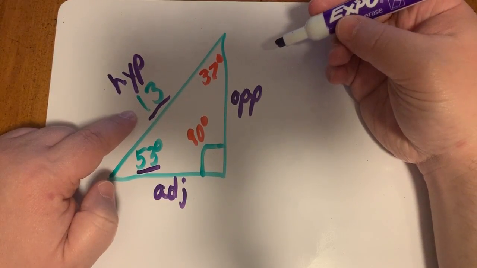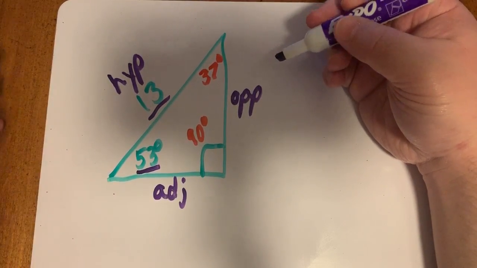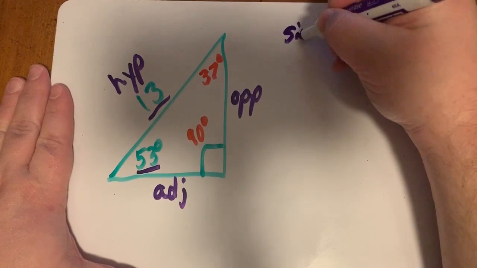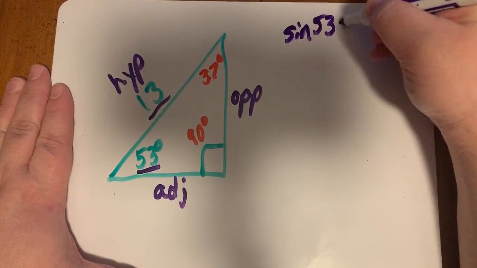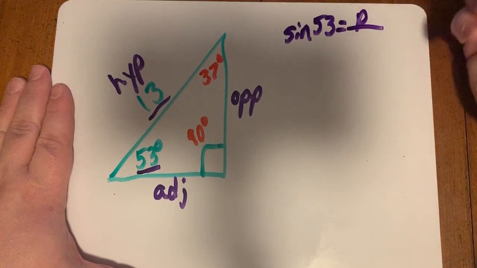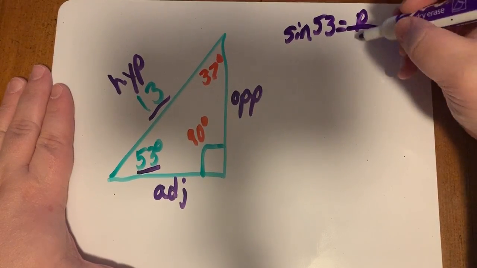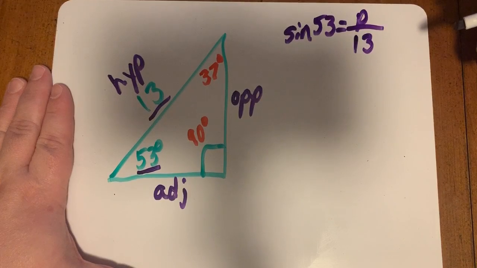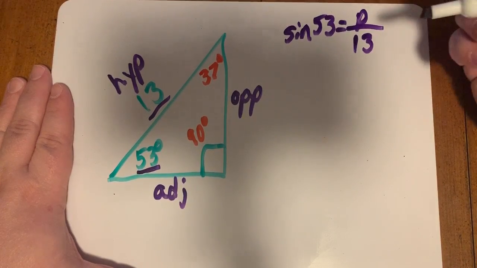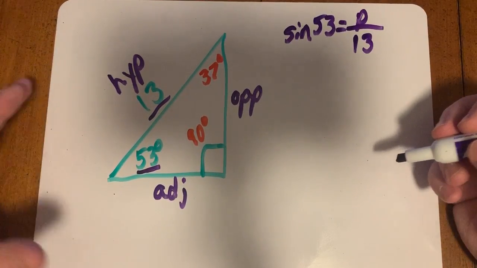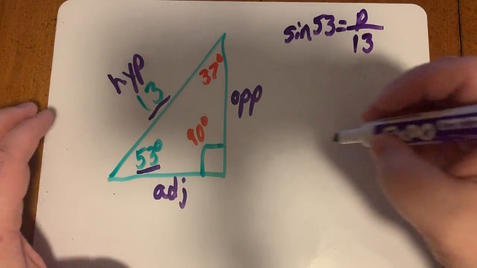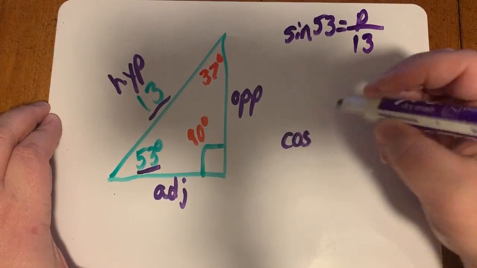If we think to SOHCAHTOA, sine is opposite over hypotenuse. Oh, that's good. That helps us. So sine of 53 equals the opposite, I'm just going to use the variable p for opposite, over the hypotenuse, which is 13. And then also cosine. Cosine is adjacent over hypotenuse.